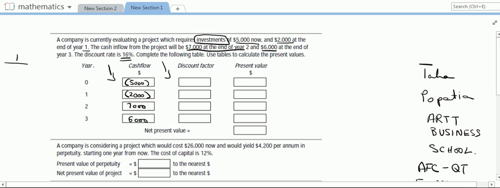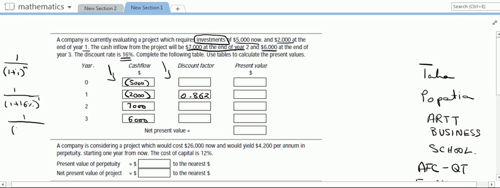The first discount rate would be, or all discount rates will be calculated as 1 divided by 1 plus i power n. First discount rate would be 1 divided by 1 plus 16% power 1. If you compute the first discount rate by a calculator, it will be 0.862.